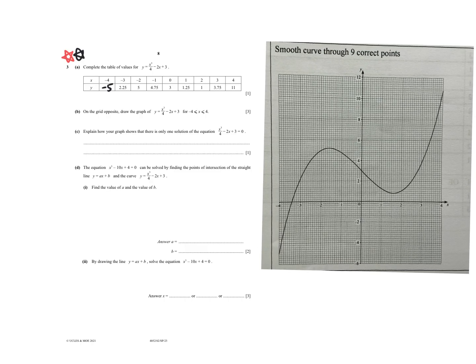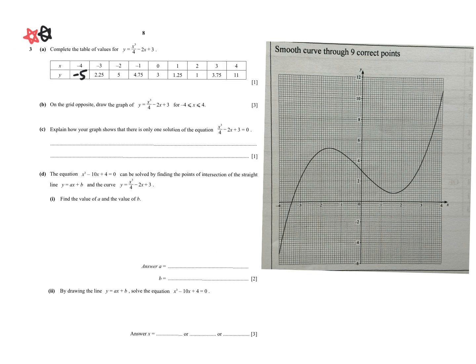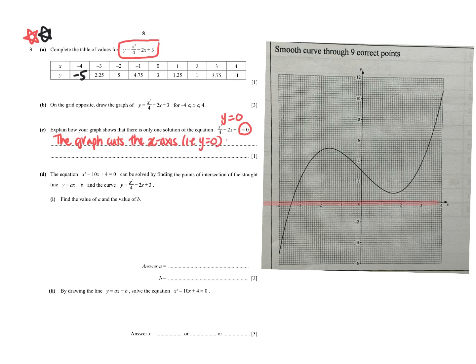Next, it says explain how you can show that there is only one solution to this graph equal to 0. This one is equal to y, right? So when y is equal to 0, it is this horizontal line you see here. So you will tell me that the graph cuts the x-axis, which is your y equals to 0, at only one point.